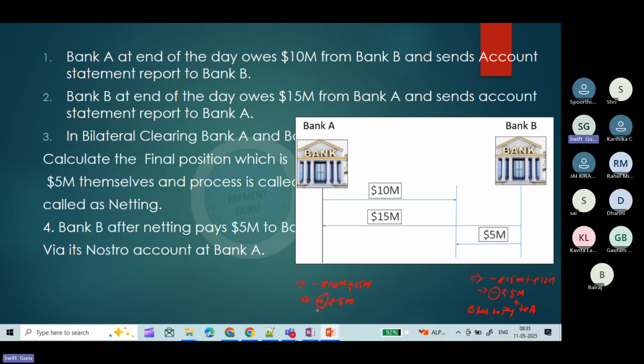They are in a positive position, meaning Bank A is owed 5 million from B. So they do this kind of clearing by themselves. There's no third party or any system involved in these examples which I'm discussing in the bilateral clearing, right?